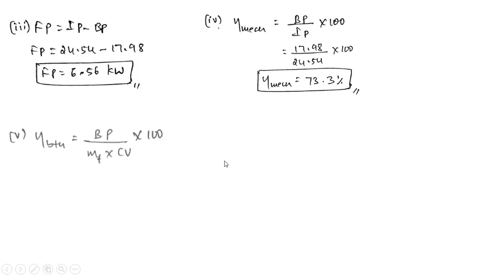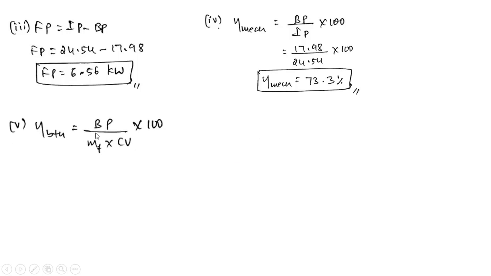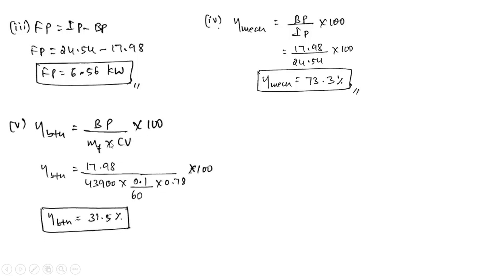Then we need to calculate brake thermal efficiency. Brake thermal efficiency is equal to BP divided by mF into CV, into 100. So substitute the value of BP, it is 17.98, and calorific value is 43,900 kilojoule per kg. The fuel consumption is in terms of meter cube per minute, so first convert that into meter cube per second.